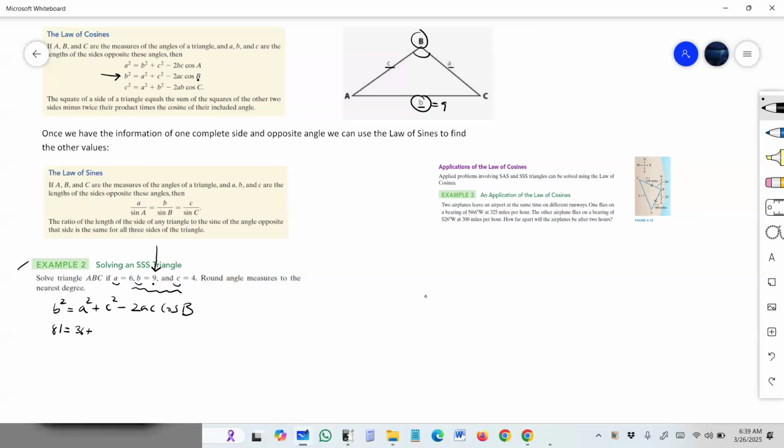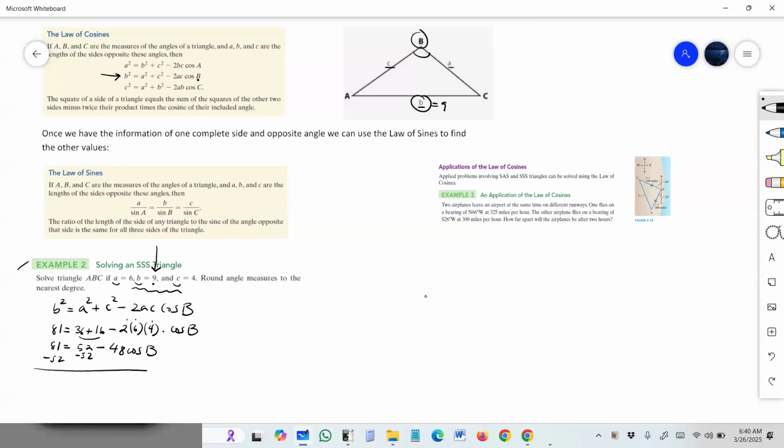And C squared, which is 4 squared, 16, minus 2 times 6 times 4 times cosine of capital B. So I'm going to add these two, right? 36, 46, 52. 52 minus this: 6 times 2 is 12, times 4 is 48, cosine capital B. I'm going to subtract 52 on both sides.